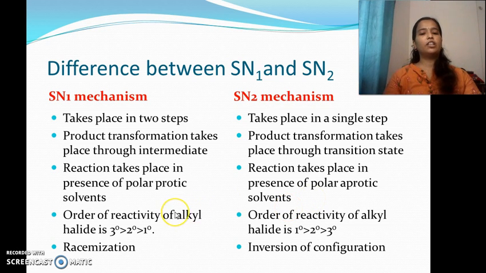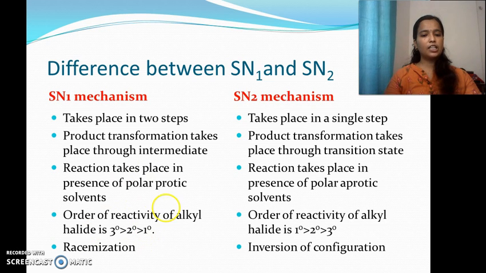And the next difference is the order of reactivity of alkyl halides. Tertiary alkyl halides readily undergo SN1 mechanism, then secondary, then primary, whereas in SN2 mechanism, primary alkyl halides undergo reaction fastest because of less steric hindrance, then secondary, then tertiary.